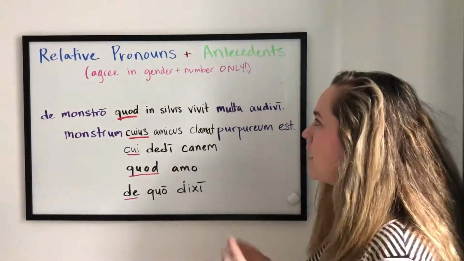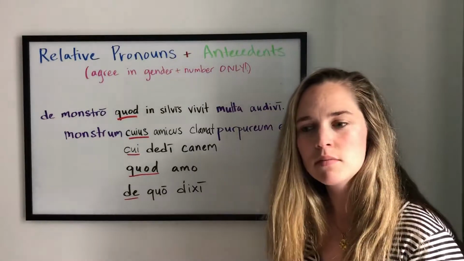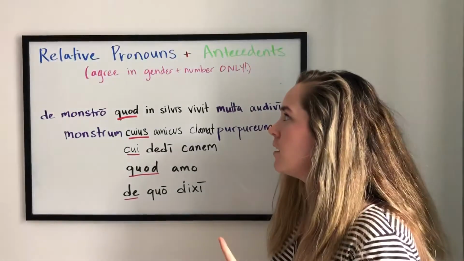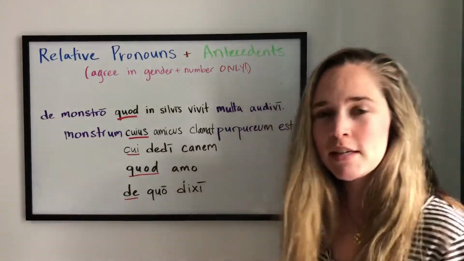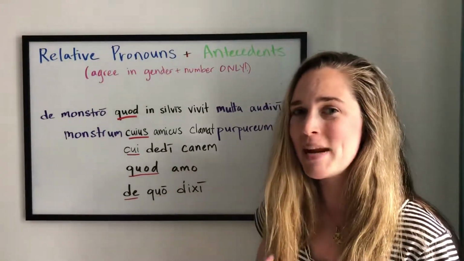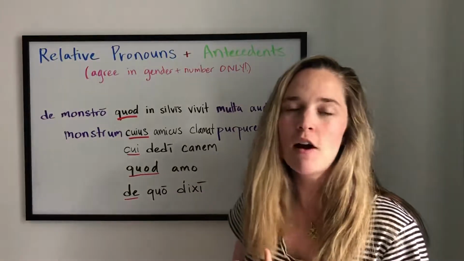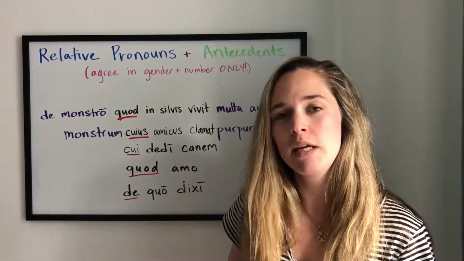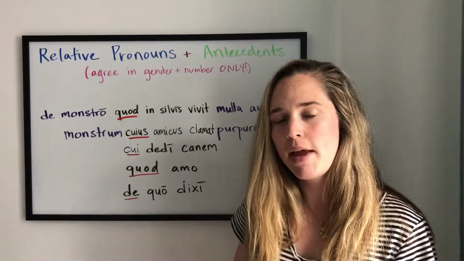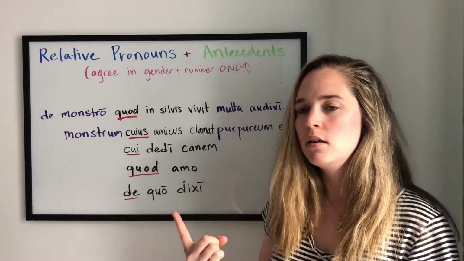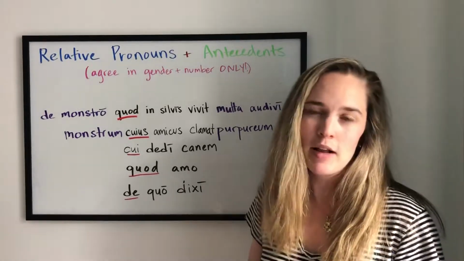So our big takeaway, we have relative pronouns. They all have an antecedent, which is a noun they refer to. The relative pronoun will agree with its antecedent in gender and number, but not case. And now we have one more thing to talk about, which is what is the difference between a main clause and a relative clause? Well, a relative clause is introduced by a relative pronoun, so that's easy to remember.